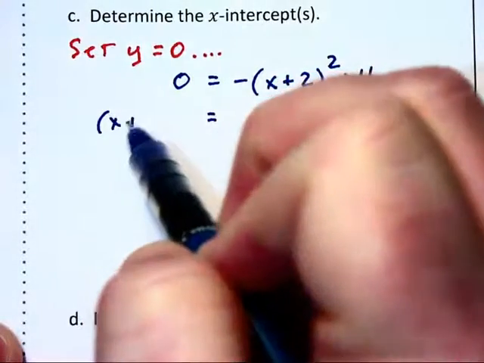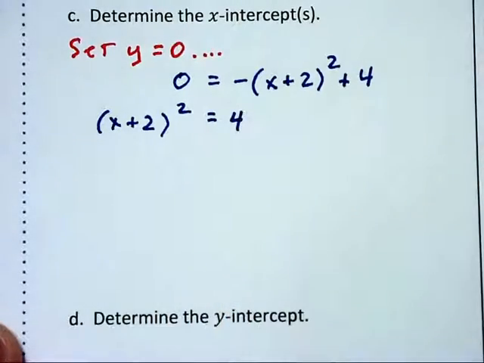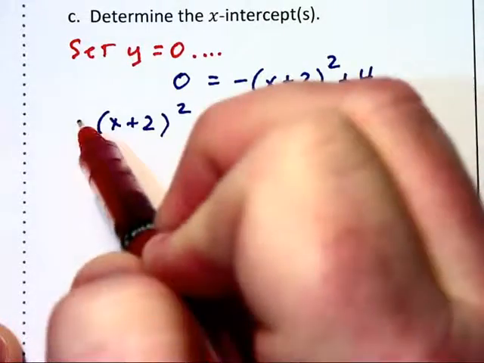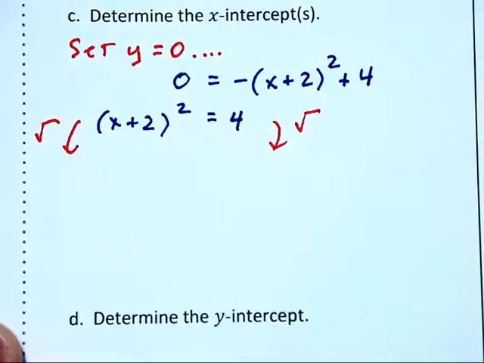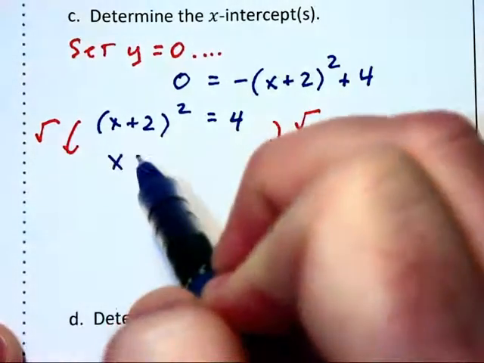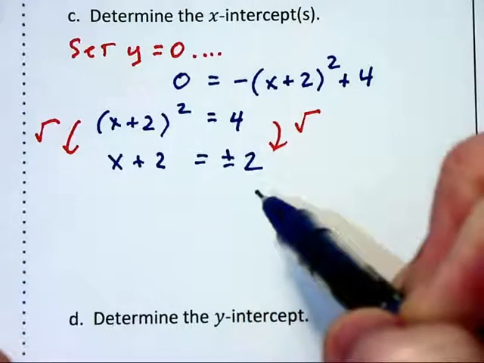This will give us x plus 2 quantity squared equals 4. Now I will square root each side of this equation, and don't forget the plus or minus sign on the right side of the equation. We will have x plus 2 is equal to plus or minus 2.